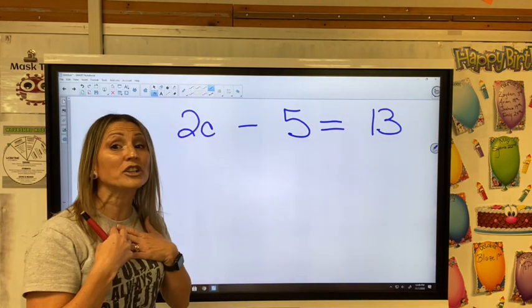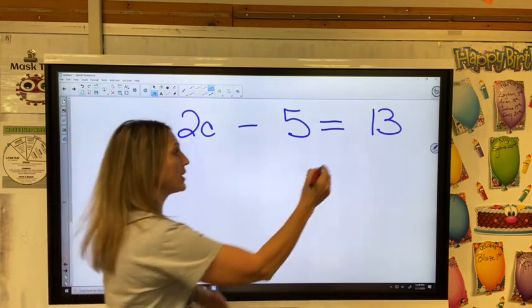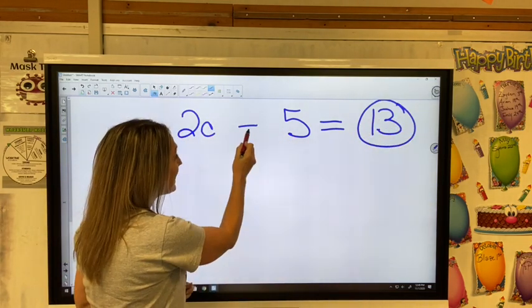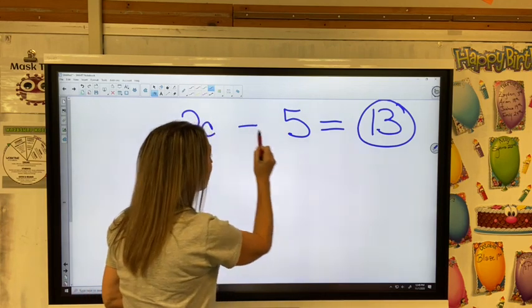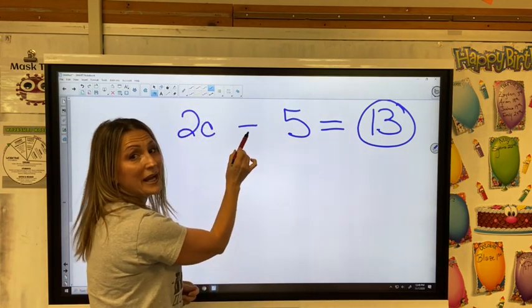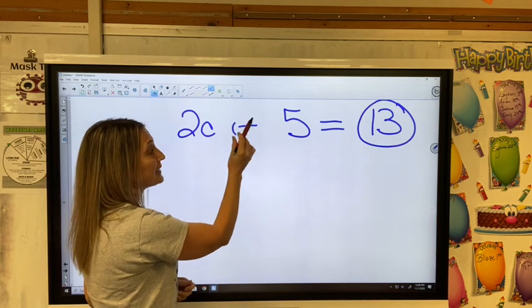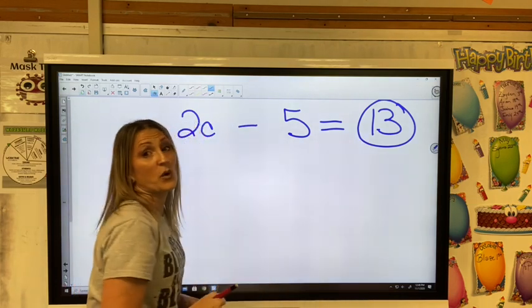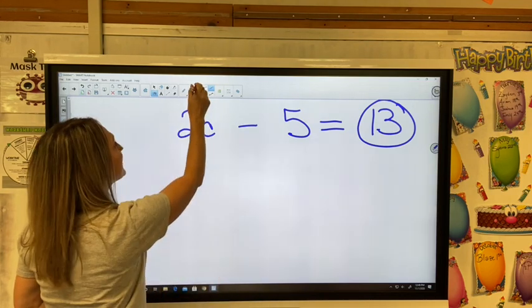So again, I have to look for, in the end, what did I get in my solution? Well, in my solution, it has to be a difference because my problem states that that sign is a subtraction sign, which means my solution is going to end up being a difference. So I can take it to words.